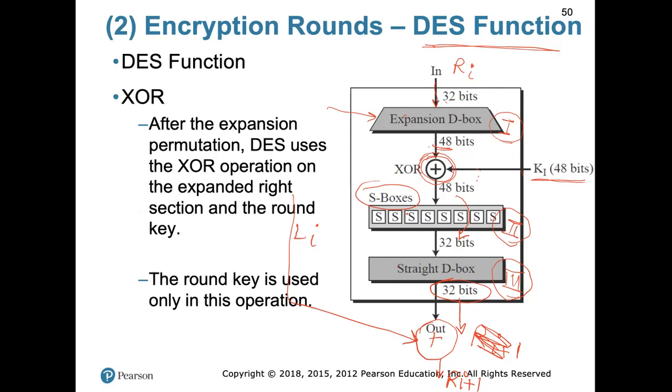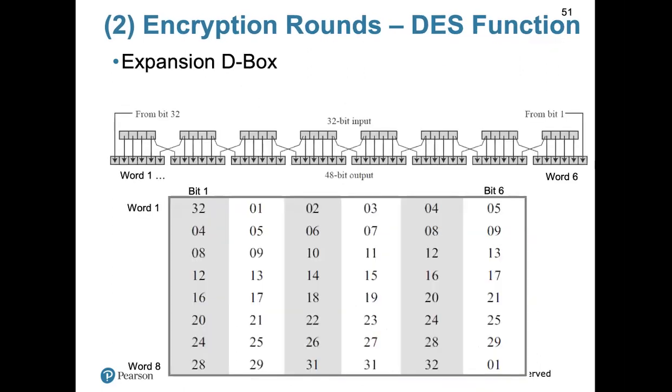You can do it this way. This is what they have suggested in the DES function. They say, okay, this is your, let's say, bit 1, bit 2, bit 3, bit 4, and all the way this is your bit 32.